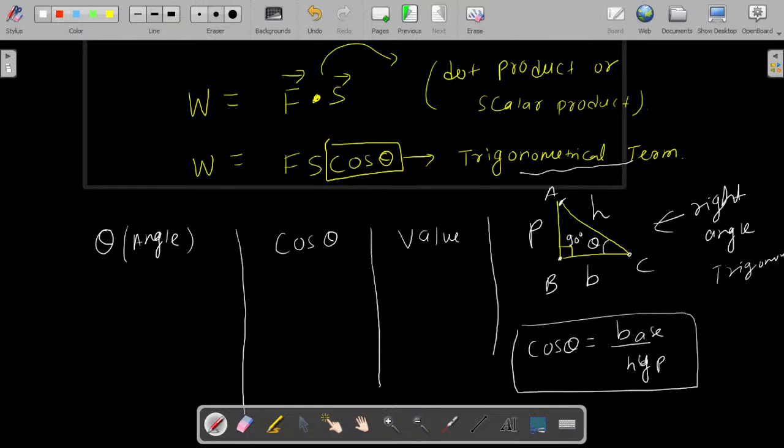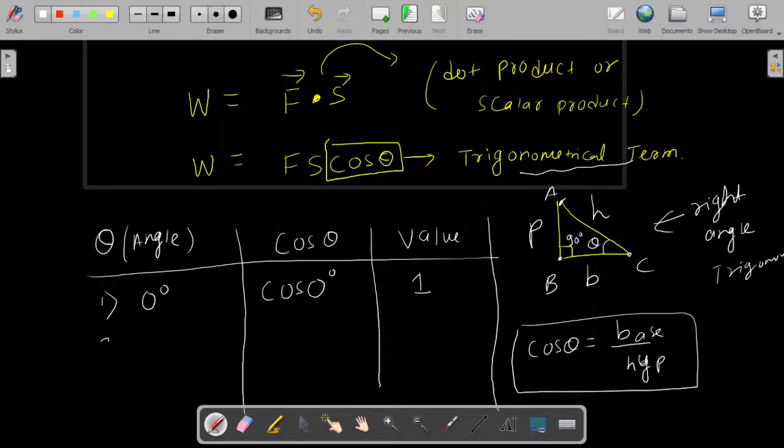In this way you have to make a table. First write down, if theta is 0 degree, it means force and displacement are in the same direction. So you write cos 0 degree. Its value you have to remember, it's 1.